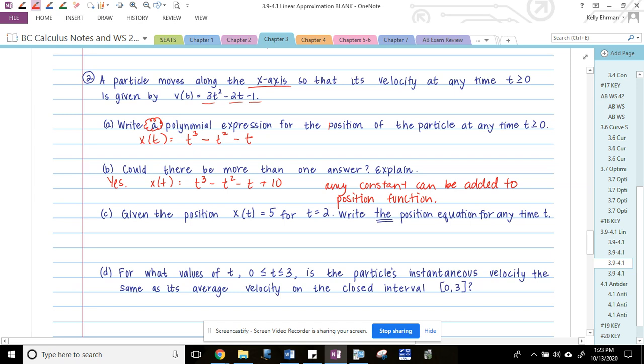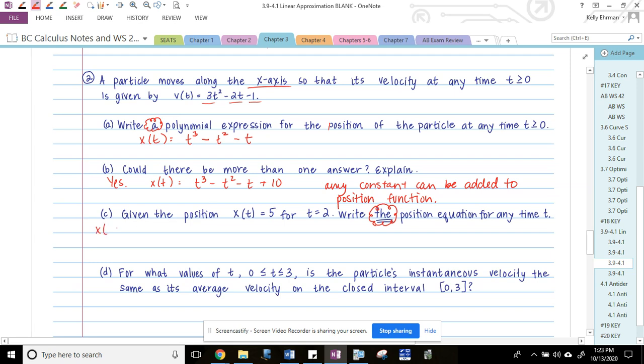Now part C says, given the position x of t equals 5 for t equals 2, write the position equation for any time t. So once you're given an official position that has to work in your equation, there are no longer an infinite number of answers for your position function. Now there should only be one correct answer. So we would set that up like this.